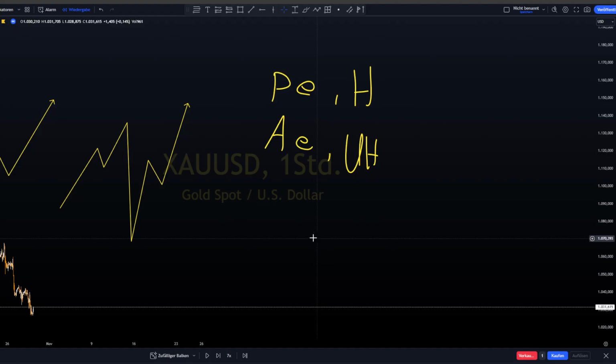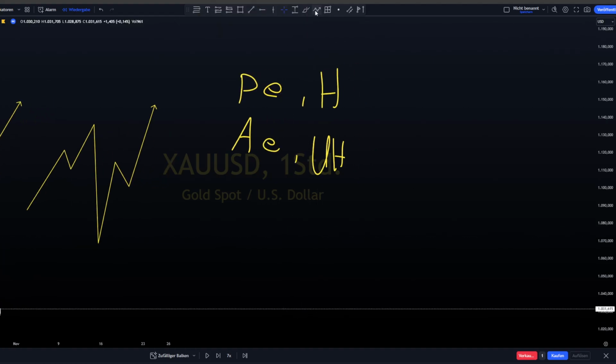A healthy trend is something like this. Without breaking previous internal structures, we talked about it in the first few videos. And internal structures are where? Here. And if you don't break them, if you respect them, if you respect the demand or the supply zone, it's for me a healthy trend.